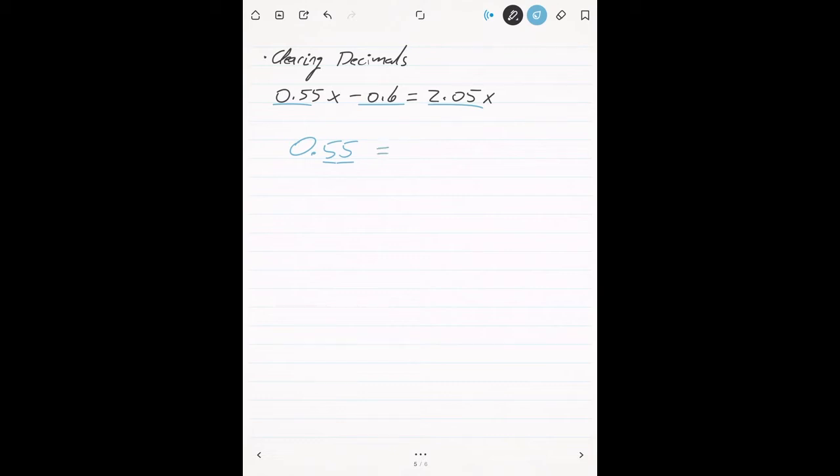So 0.55 is the same thing as 55 over 100. 0.6, that's the tenths place, that's 6 over 10. 2.05, you go out to the hundredths place, so you have 205 over 100, or you have 2 and 5 over 100. So really, all of these decimals are fractions.